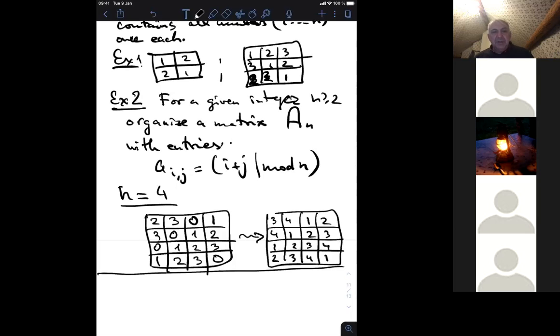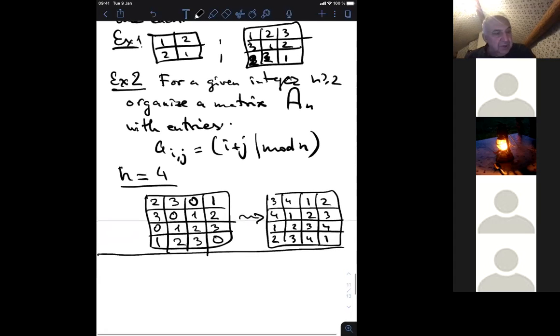For Latin squares, the next notion is quite important. Usually you work with pairs of such. Two Latin squares are called orthogonal.